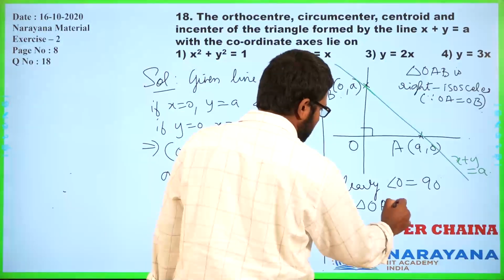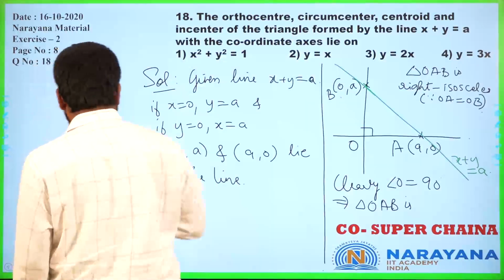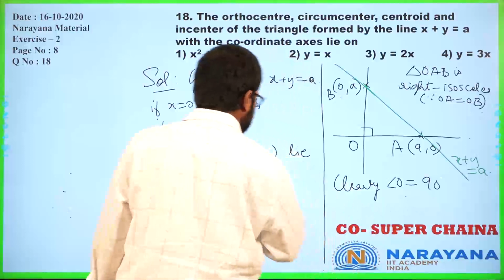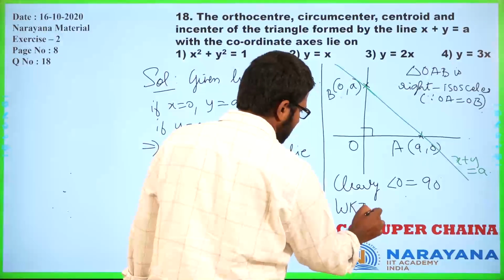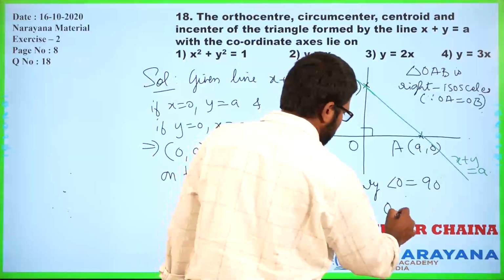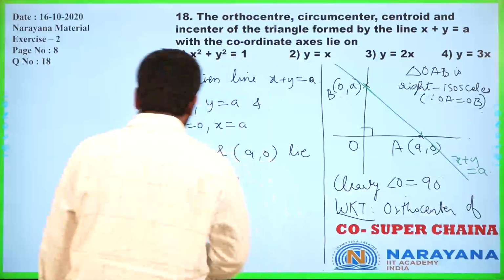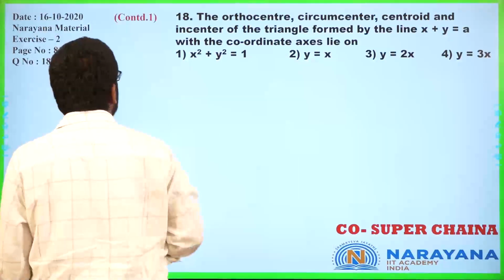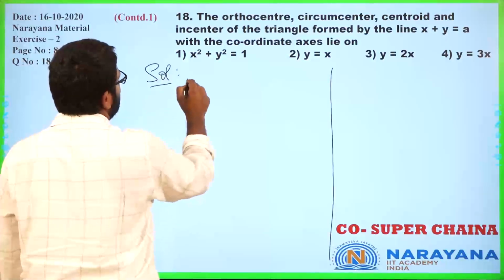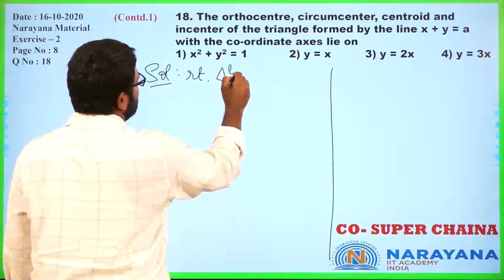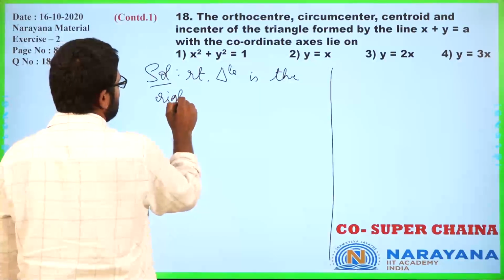We know that orthocenter of a right triangle is the right angled vertex.